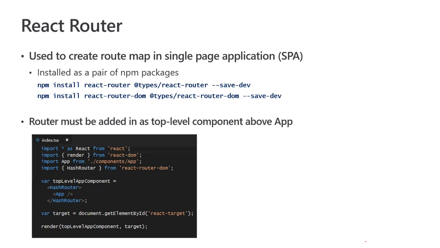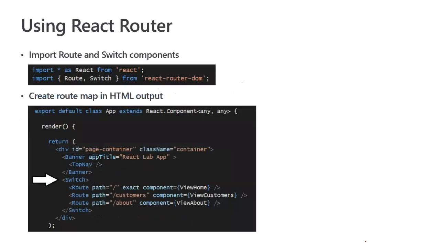So that's what the React router is for. The React router allows you to define different routes. So, for instance, using the React router, in my application object, I can put in a switch parameter, and notice that switch is a component defined by the React router DOM.